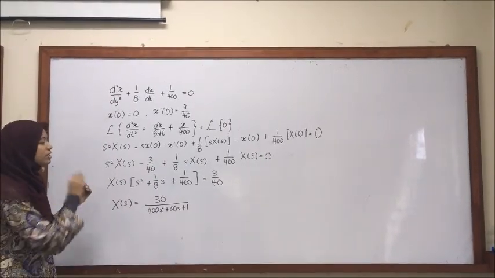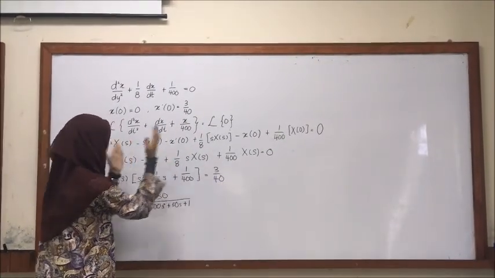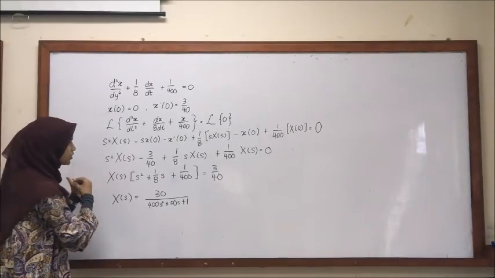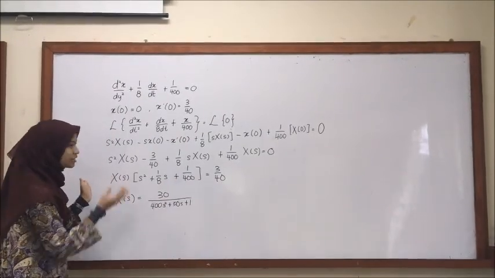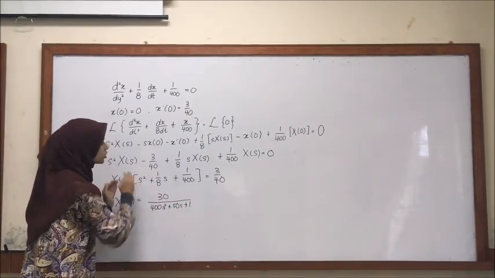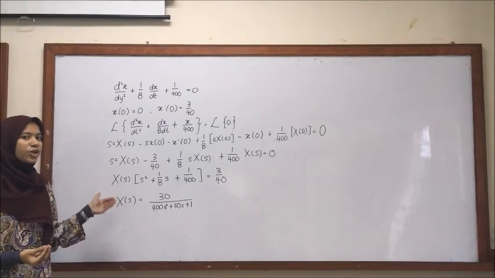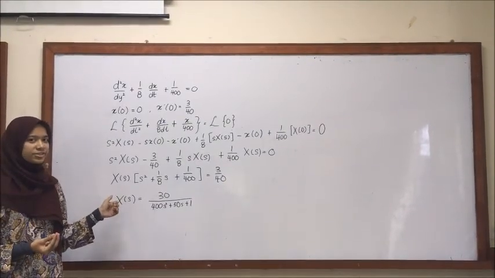Next, we factorize this by bringing the 3/40 to the right hand side and factorizing X(s). It will result in this. After that, we bring the other terms from the left hand side to the right hand side, and we gain this result. From here, we perform the partial fraction.